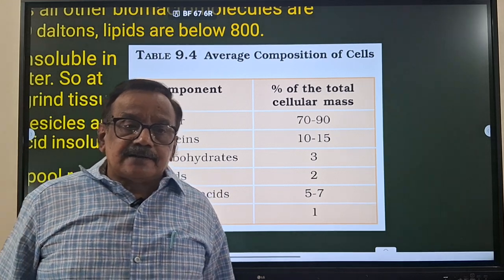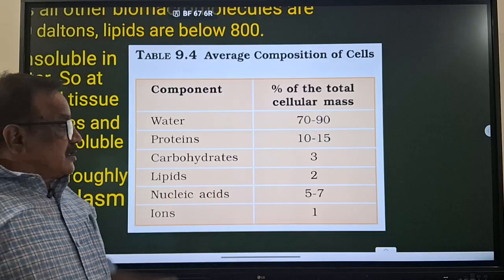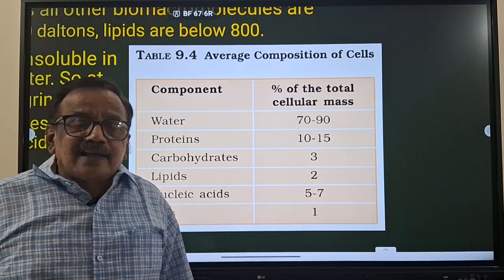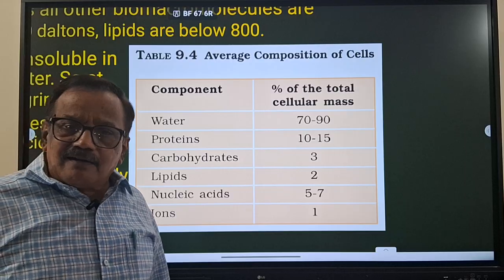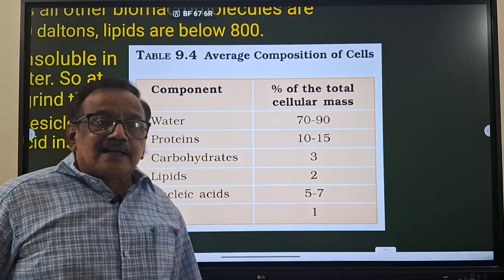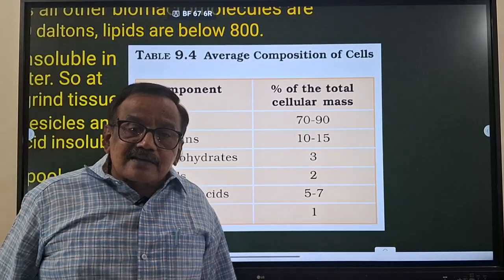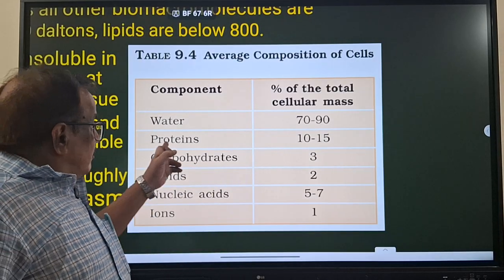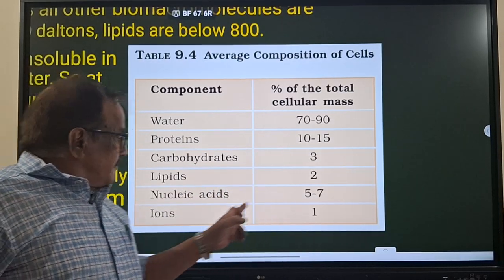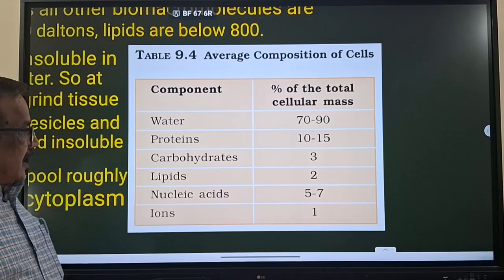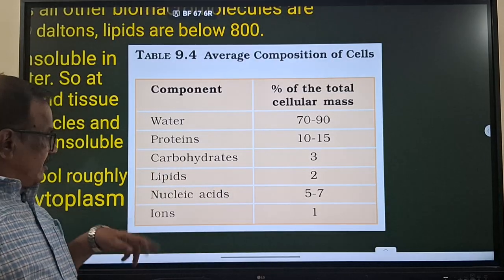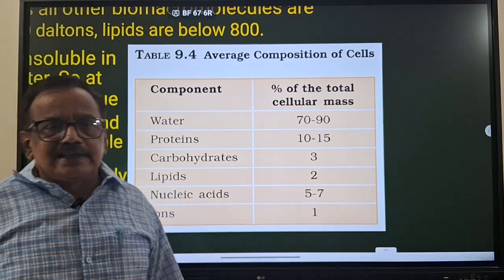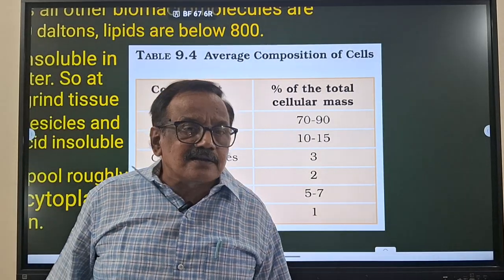Next, some people will say carbohydrates or other things. No. The next is nucleic acids, 5 to 7%. In the organic compounds, first is protein, second is nucleic acid, third is carbohydrate, fourth is lipids, and last is ions, which is less than 1%.